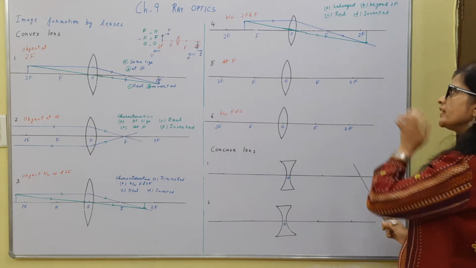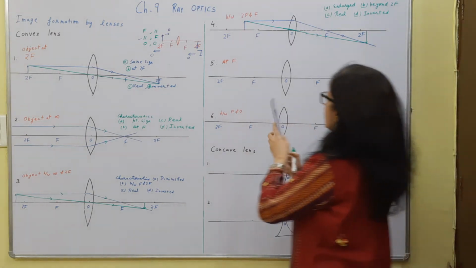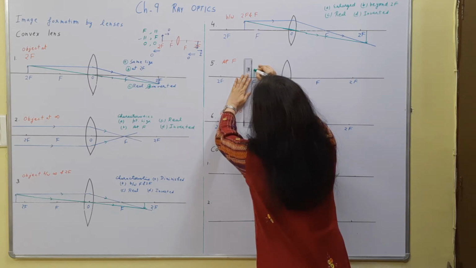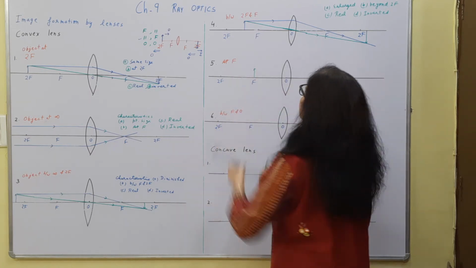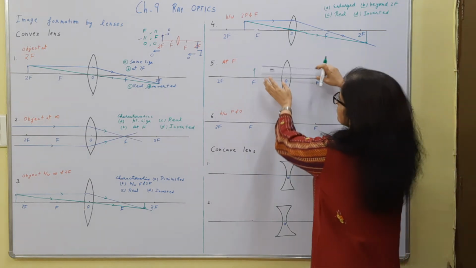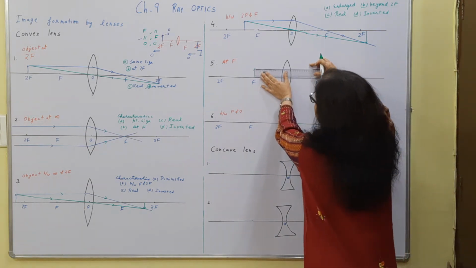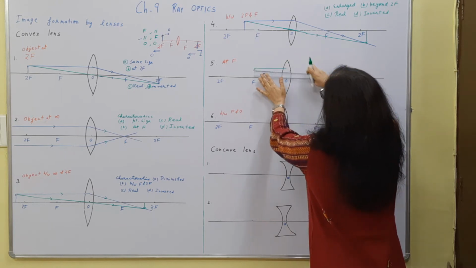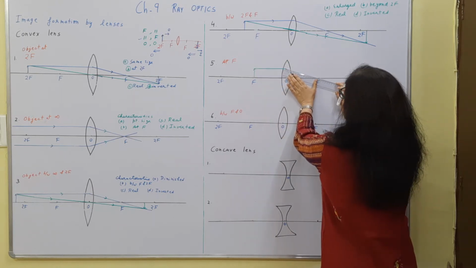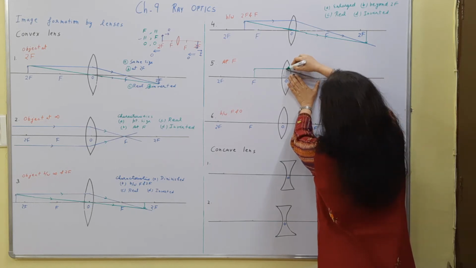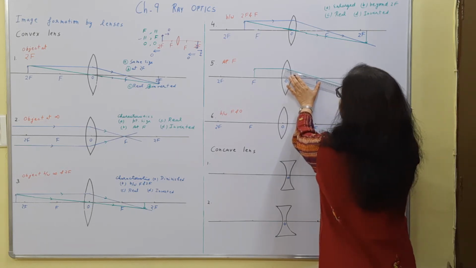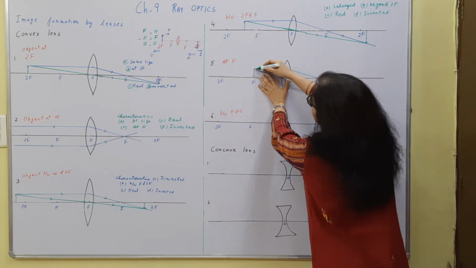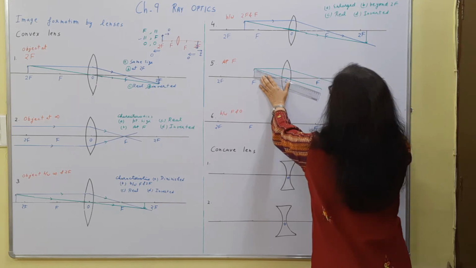Right? Then we can take the fifth case where the object is at F. So when the object is at F, we can take the two rays as this one, the one which is parallel will pass through focus after refraction, and the one which passes through the optical center will go undeviated.